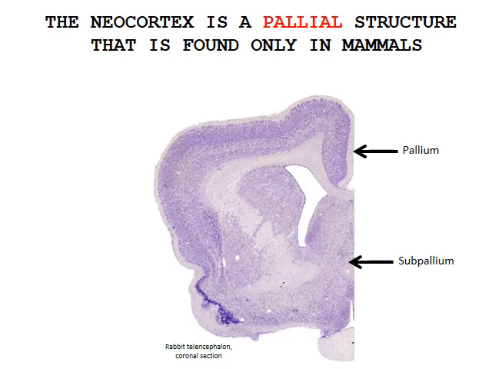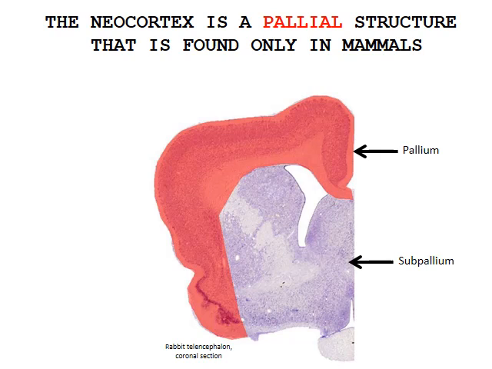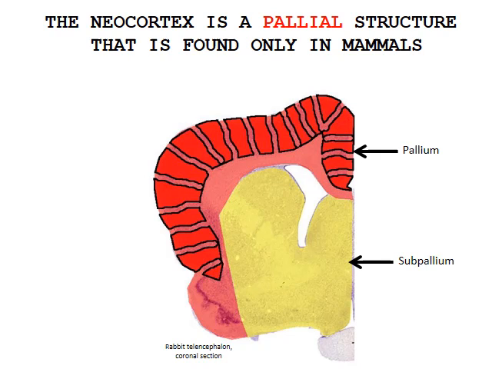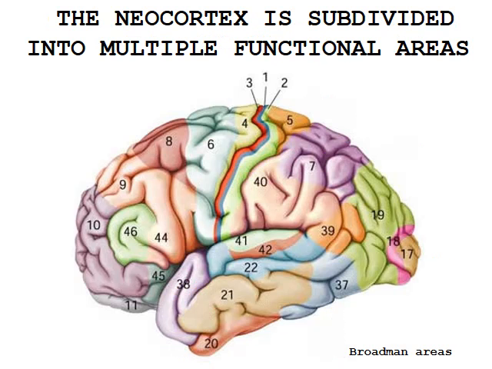And as you may remember, the telencephalon is divided into a pallium that lies dorsally and a subpallium that is ventral. And the neocortex is one of the pallial regions, and it's specific to mammals. The neocortex is made by several areas that have different functional roles and process different kinds of information.